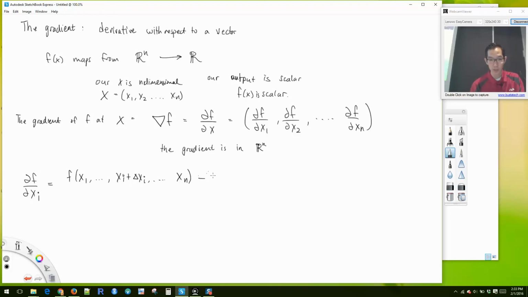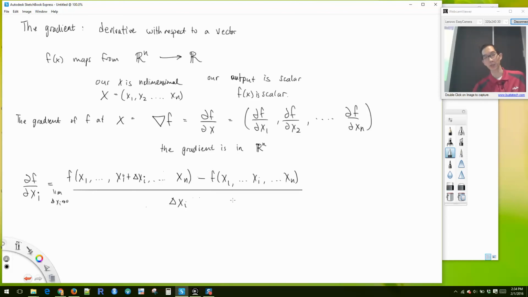Then we subtract off f of x, the function evaluated at the current x, over delta xi.